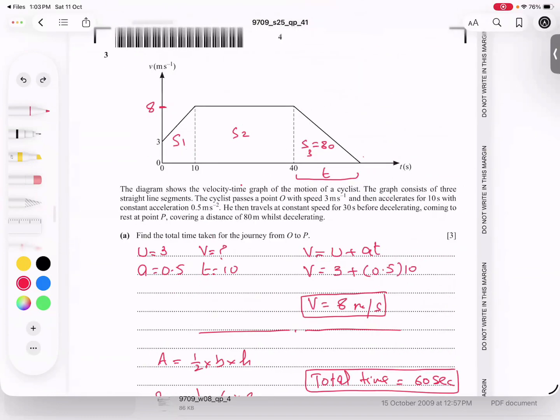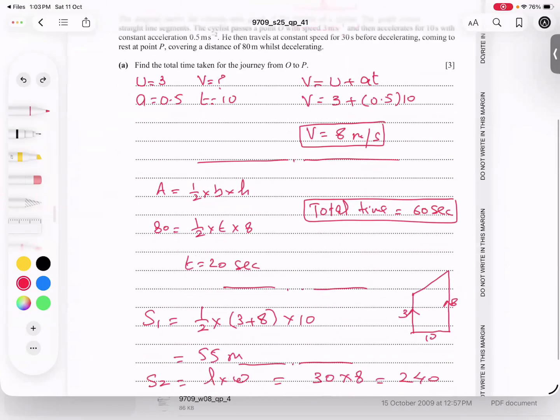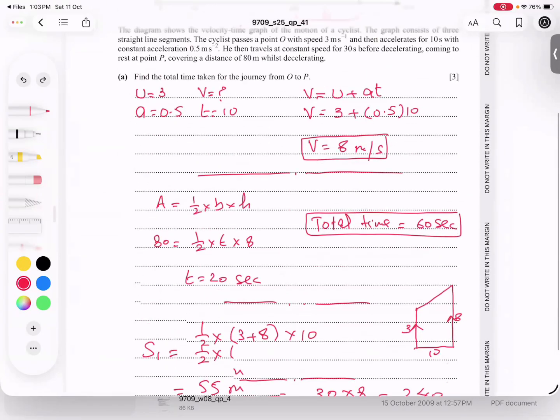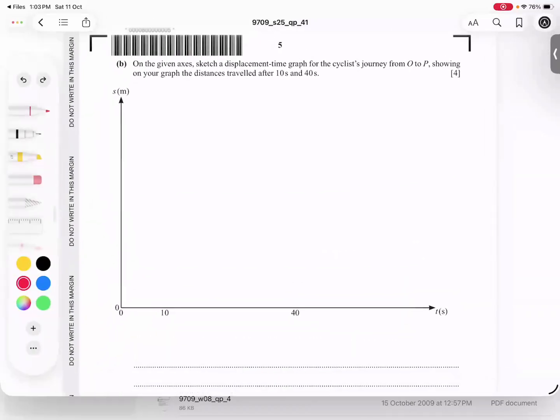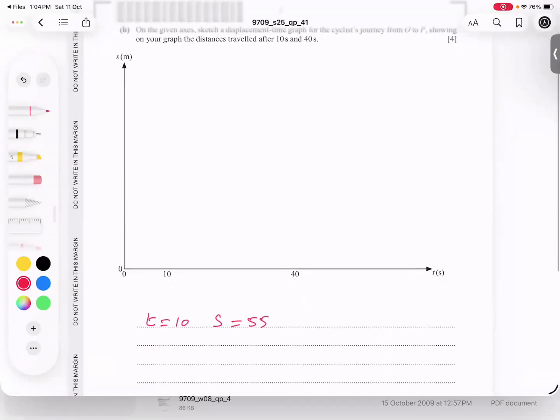And now we are eligible to do it. Okay, let's go to the next page. So the situation is what we have. Let me write it all. When time is 10 seconds, the distance traveled till then is 55. And for 10 to 40, the distance traveled is 240, and then add 55.